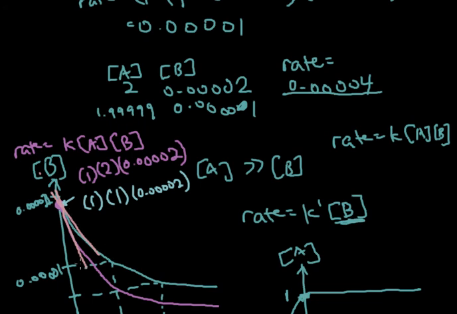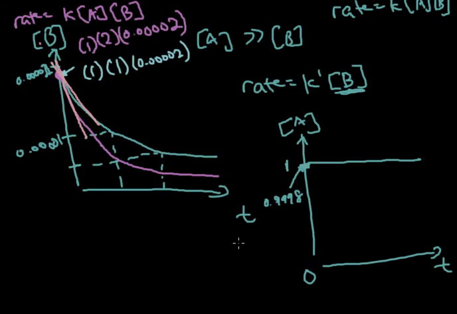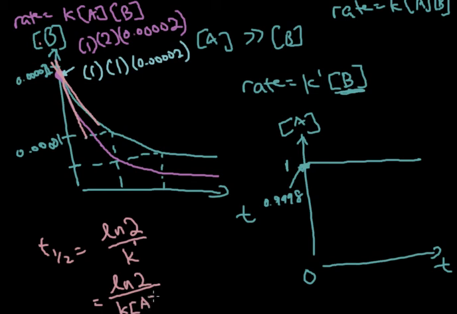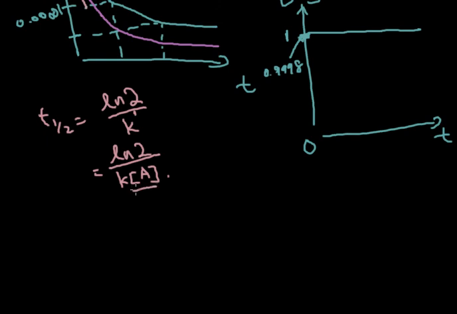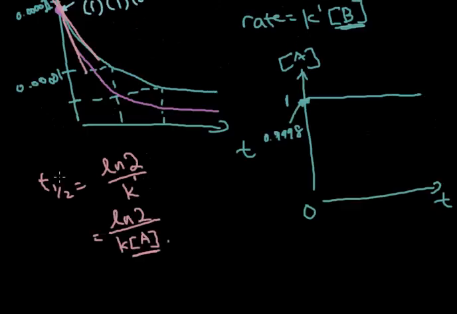And what does this have to do with half-life as well? We know that T half equals ln 2 over K. Now, because the rate effectively for this is rate equals K prime B, T half is ln 2 over K prime, or ln 2 over K times the concentration of A. So if somehow my concentration of A doubles, then for the purple reaction, or the second reaction, T half equals ln 2 over K times 2.